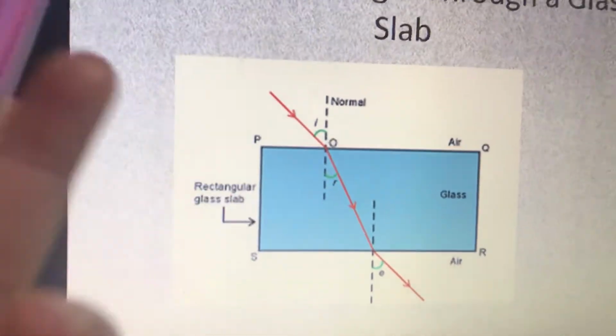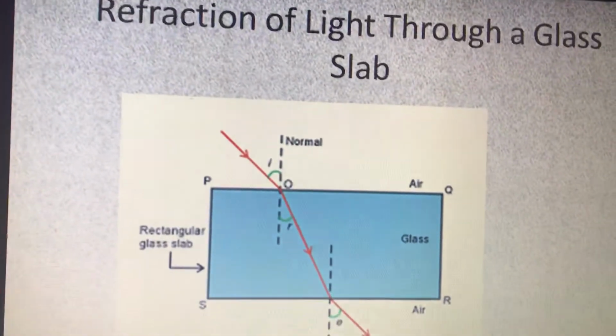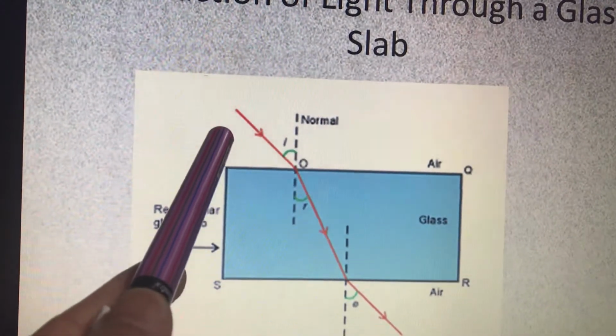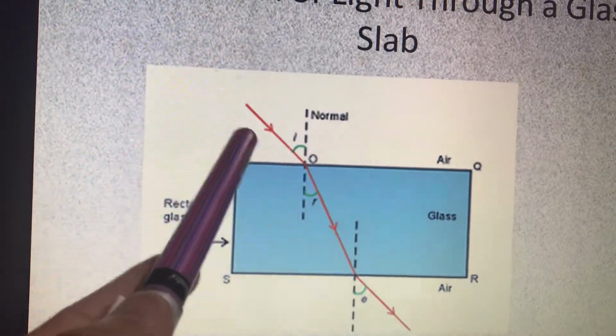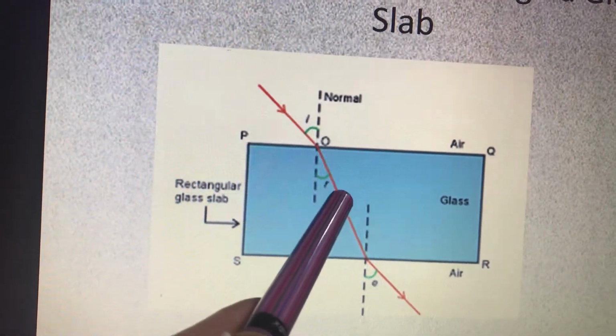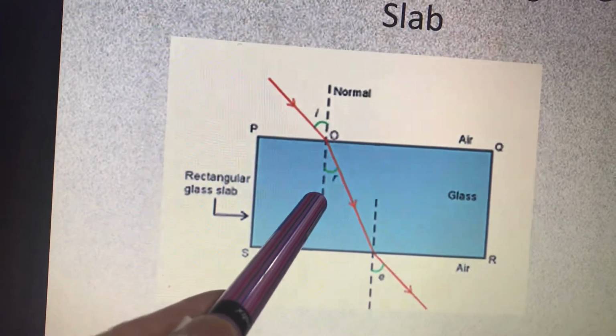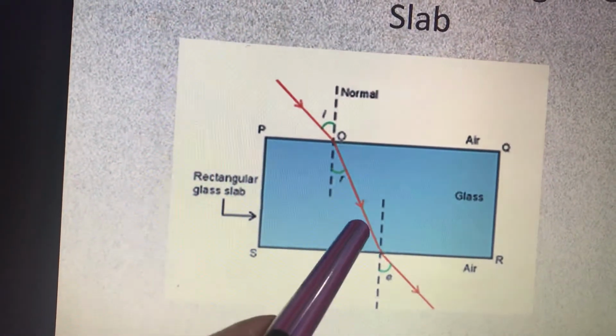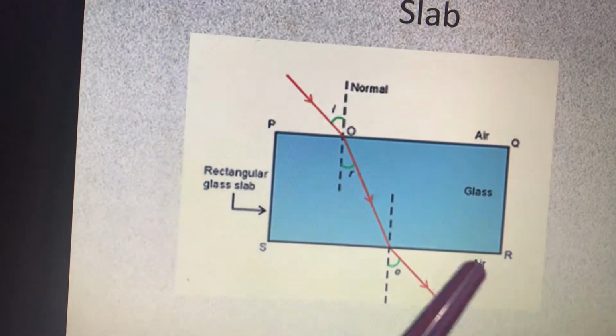When a ray of light enters a denser medium from a rarer medium, air is a rarer medium and glass is a denser medium, it bends towards the normal. And when it enters a rarer medium from a denser medium, it bends away from the normal.